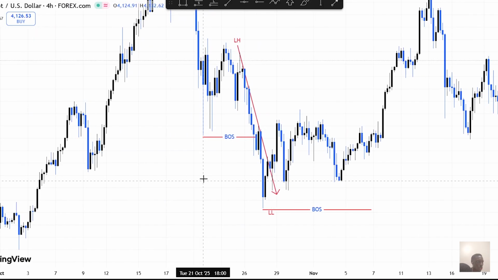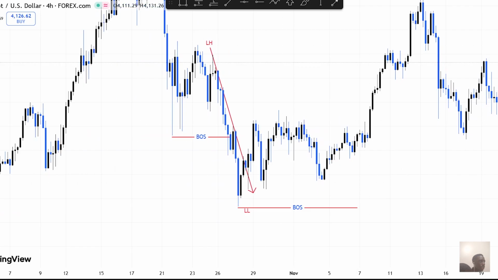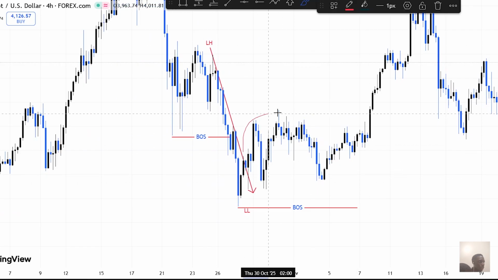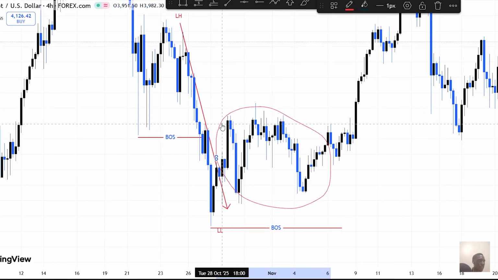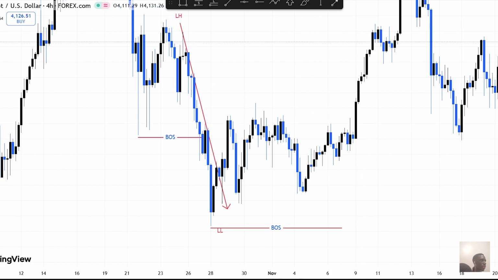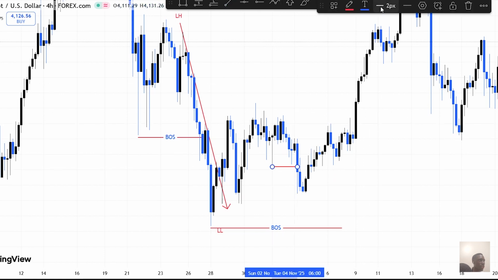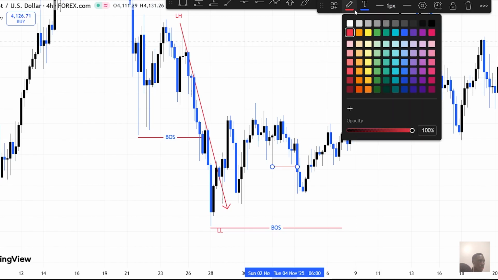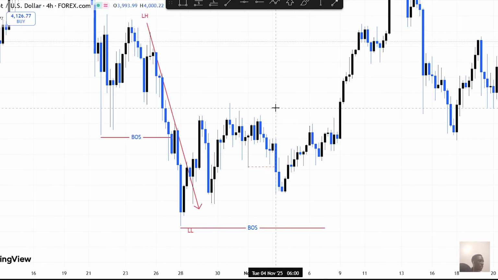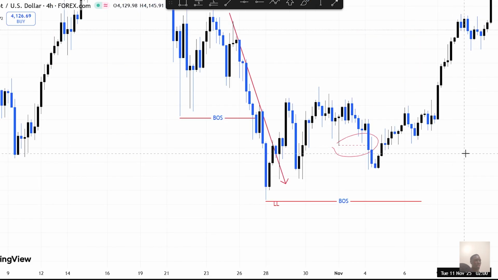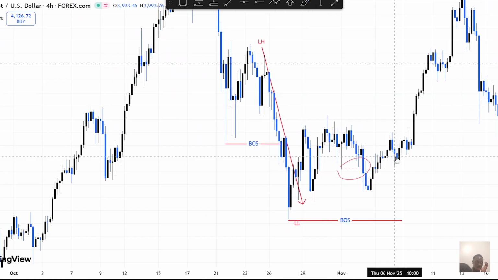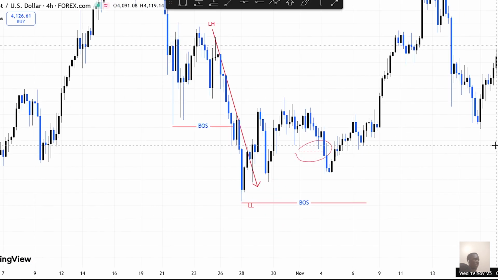But some traders are going to want to sell from this level, which is a consolidation, because they might see this as a breakout structure, which is not the case most of the time. So this is one of the mistakes that most traders struggle with, most especially beginner traders, and also some advanced traders.